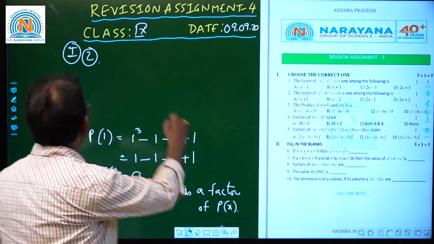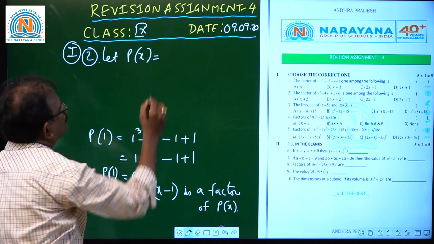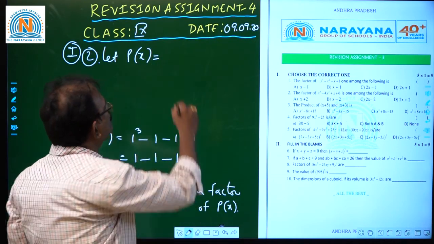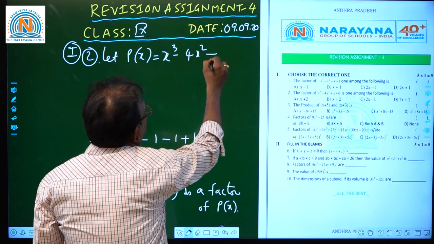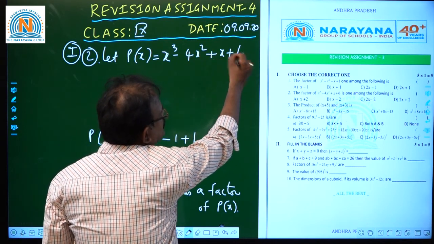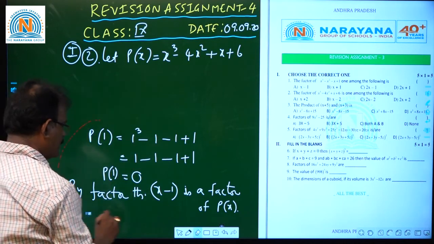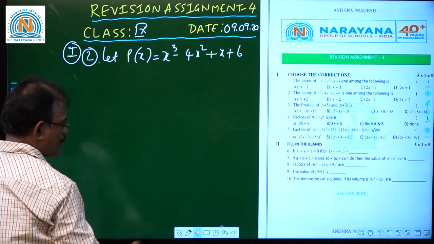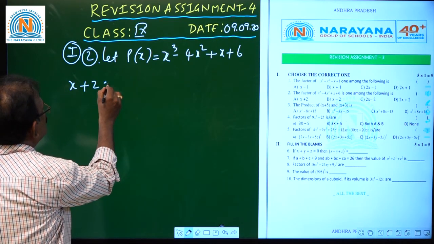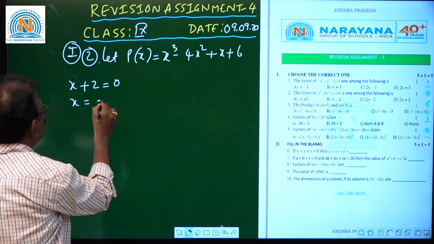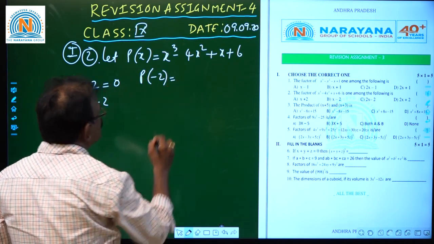Same, let p of x be x cube minus 4x square plus x plus 6. Okay children, let us go for our trial and error. Take the first option, x plus 2. X plus 2 is equal to 0 means x is equal to minus 2. Let us substitute and verify whether p of minus 2 is 0 or not.